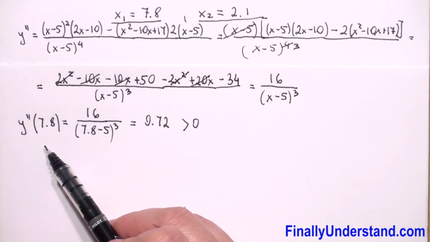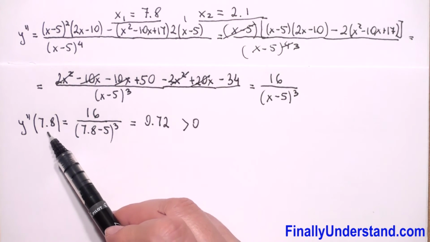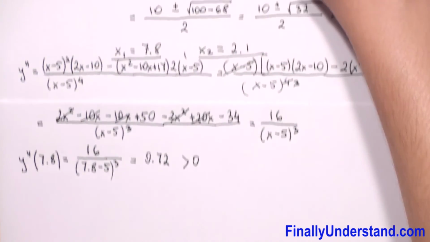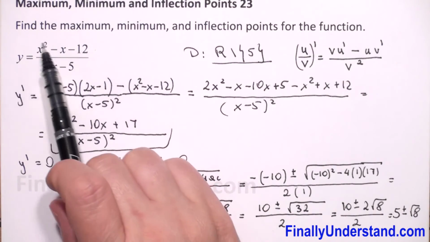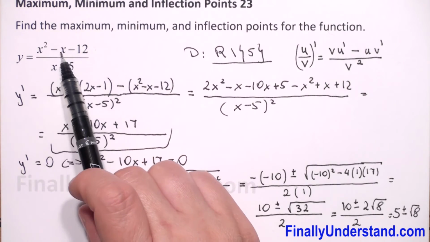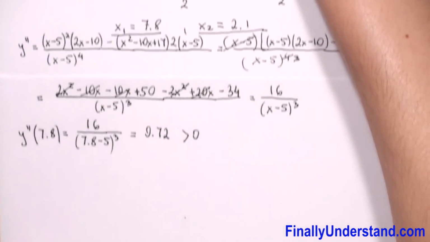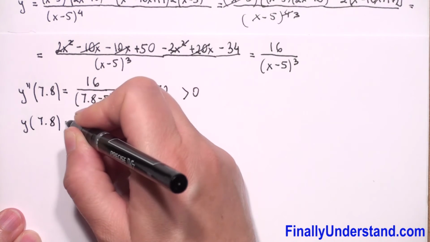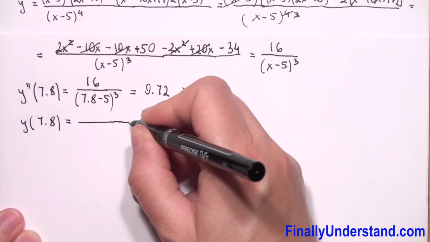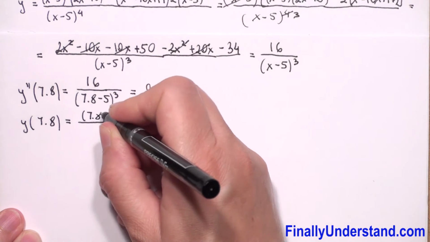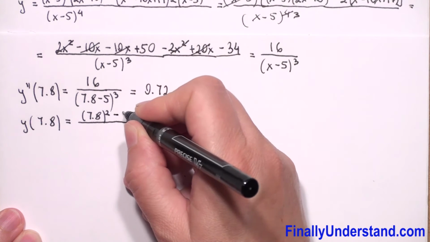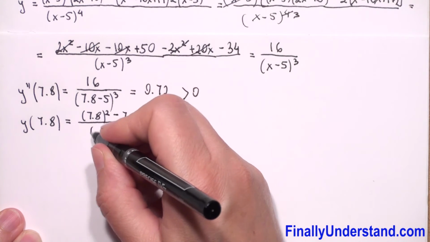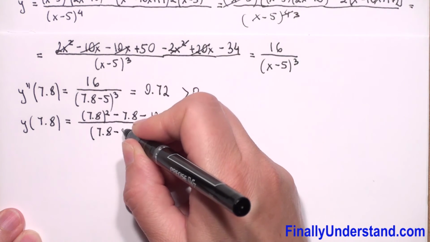Now we have to calculate the second coordinate. Because we have x, we have to calculate the y. To find the y, we have to use our function y equals. We have to replace x's by 7.8. So we have y of 7.8. This is equal to, in the numerator, 7.8 to the second power minus 7.8 minus 12, and in the denominator 7.8 minus 5.